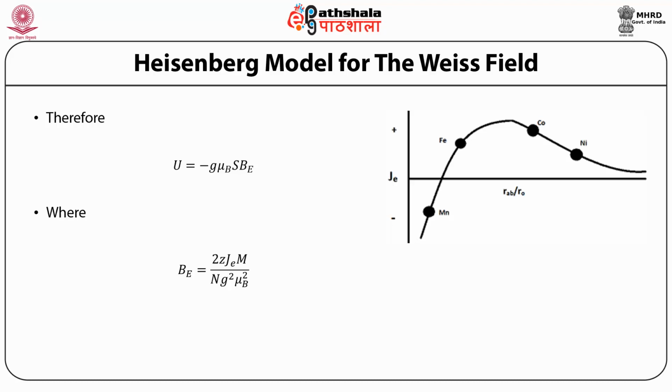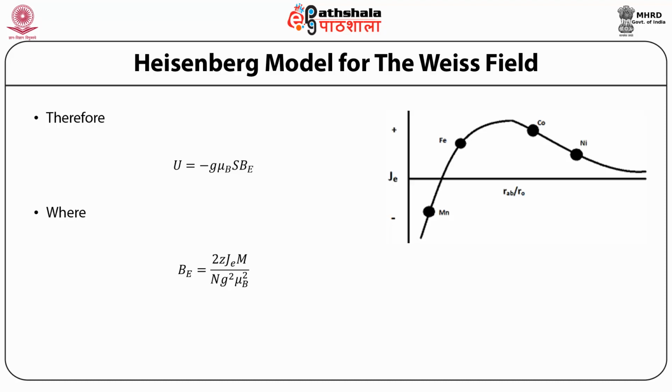Also, this curve is important because manganese, which is paramagnetic, can be alloyed with, for example, antimony, arsenic or copper, and then we can make the ratio of Rab over R naught greater than or equal to 3.